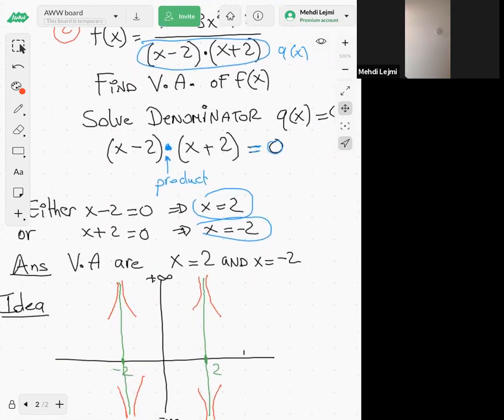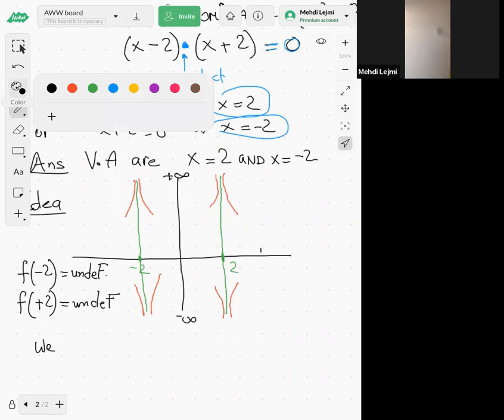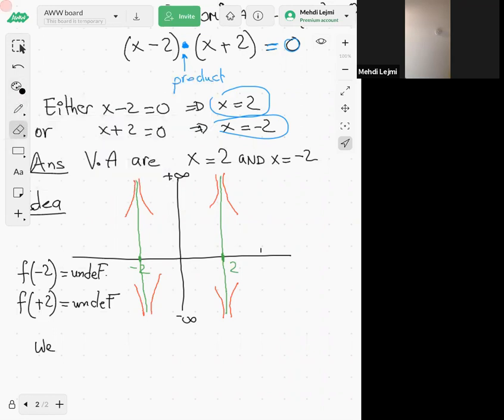So here again, guys, f of 2 and f of negative 2 are undefined, right? This emphasizes the fact that f of negative 2 is undefined, right? And f of positive 2 is also undefined because we have to exclude them from the domain, okay?